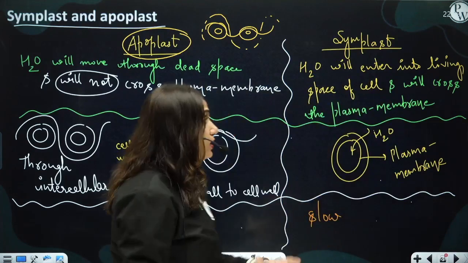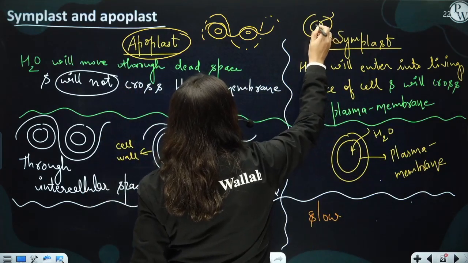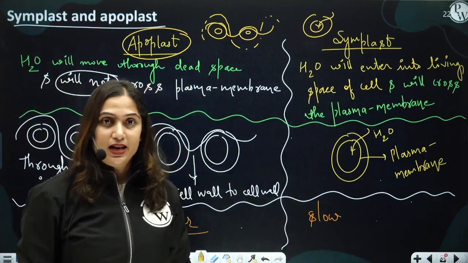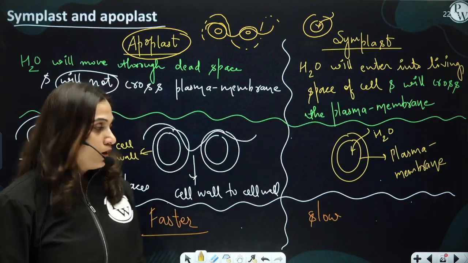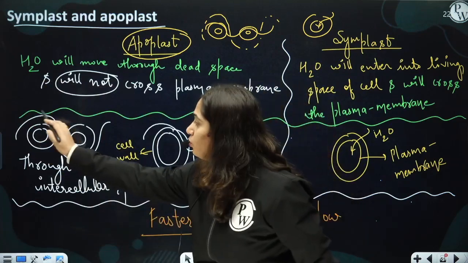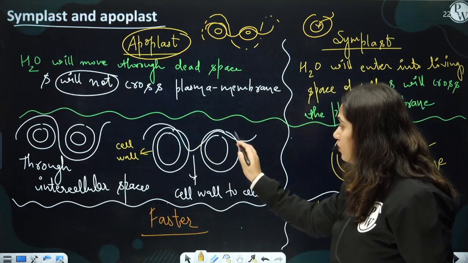But when the water crosses the plasma membrane and enters into the living space of the cell, that is the symplastic movement. Okay, so here you can see that water is moving through intercellular spaces or from cell wall to cell wall.